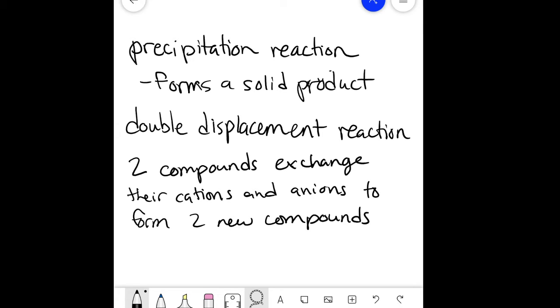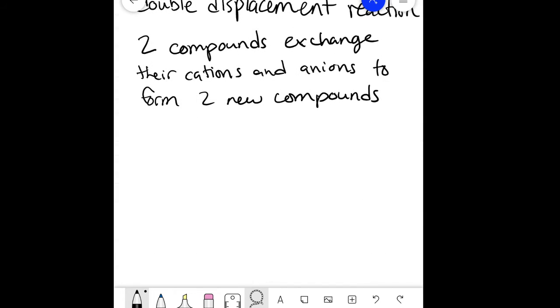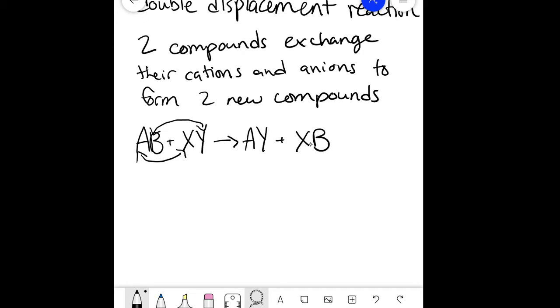So think about it, not with elements, it would be like, say you had AB plus XY, where A and X are both metals, B and Y are nonmetals, and what happens in these double displacement reactions is A and X switch and B and Y switch. So you would have AY plus XB, because remember, you still have to put the metal, the positive, first.